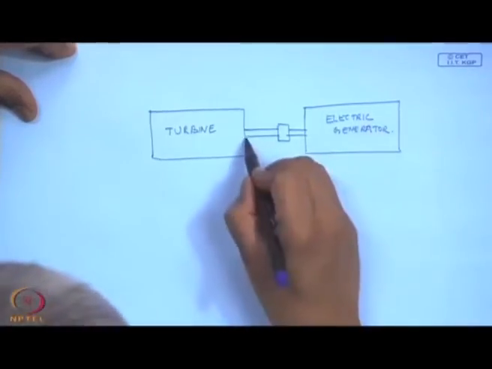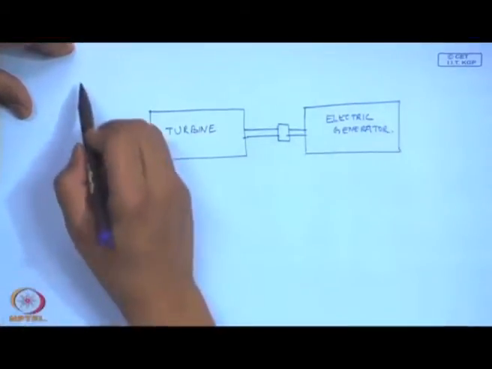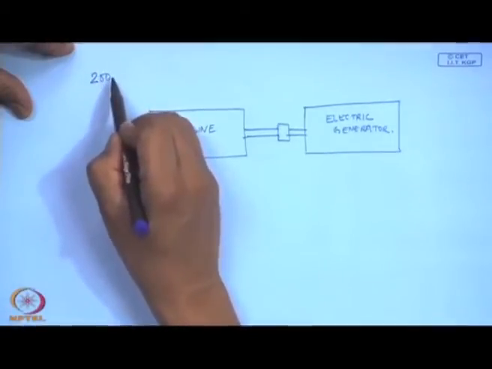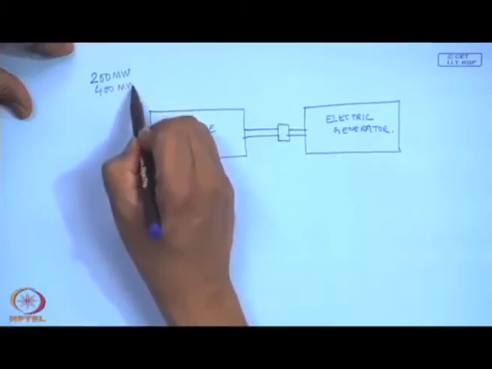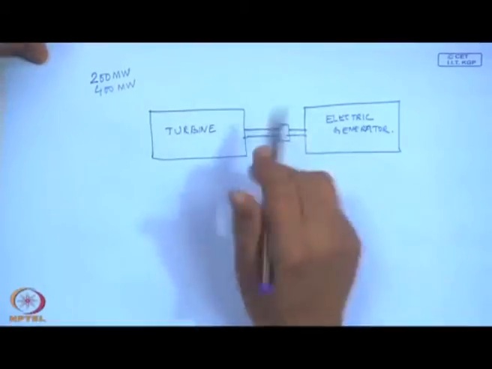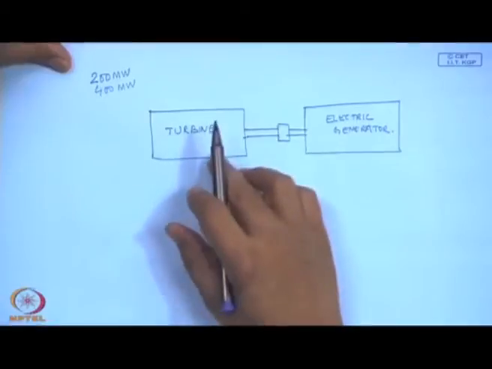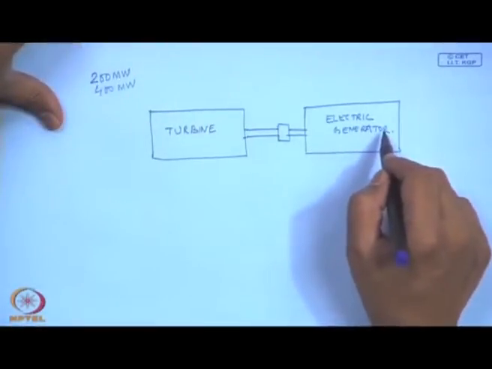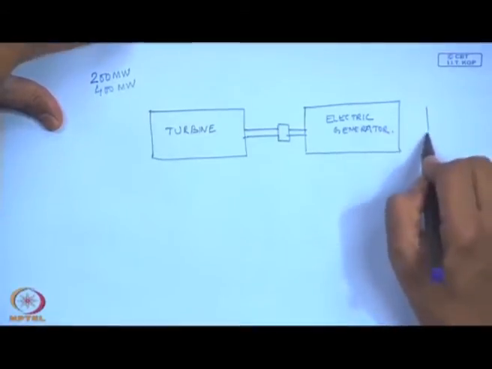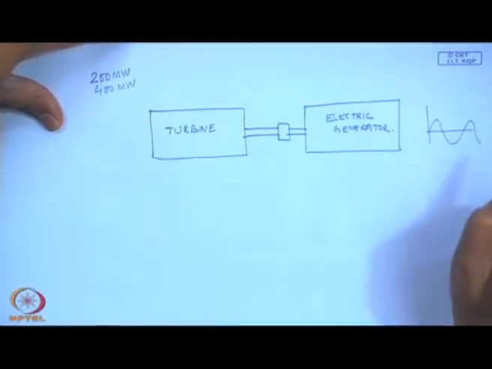And if you talk about large power plants, steam power plants, 200 megawatt or 400 megawatt super thermal power plants, they have turbines running on steam, and these turbines rotate the rotor of the electric generator, and then an AC current is produced.